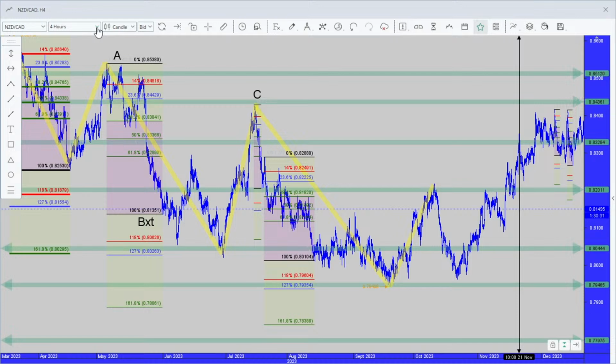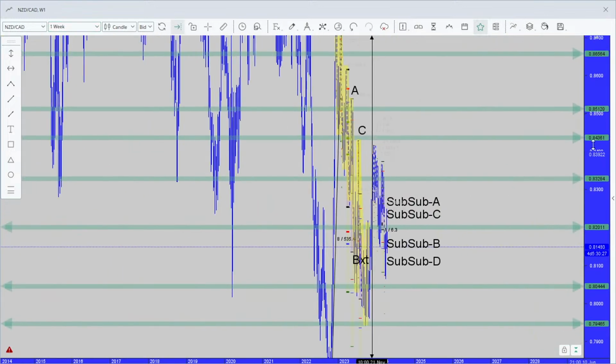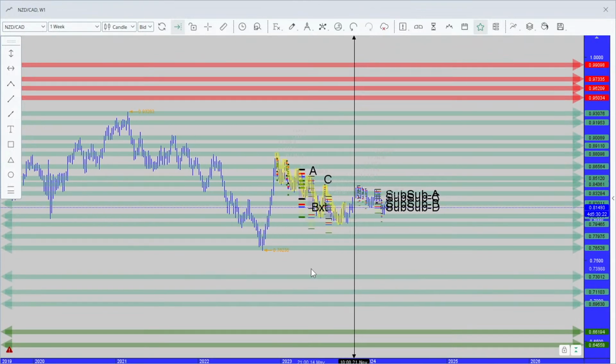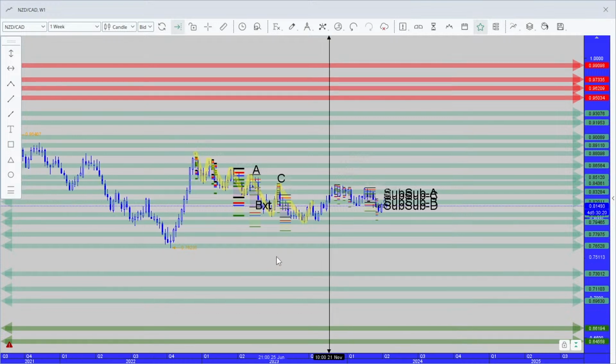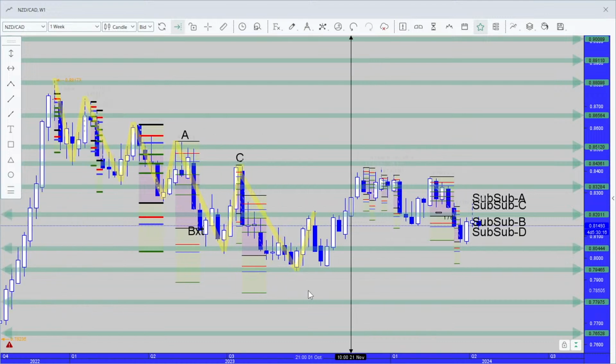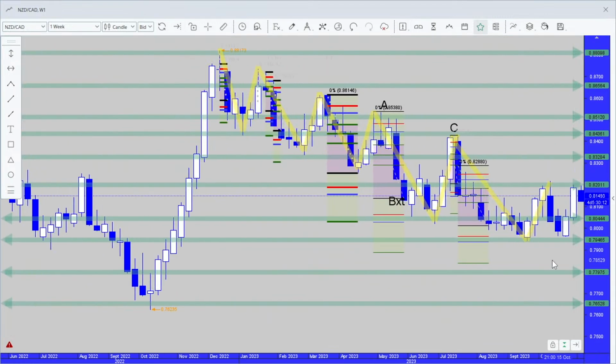Now look at this, 21st of November. If I go from the 4-hour chart to the weekly chart, November 21st, okay, so if I do something like this, did this change the yellow market wave?